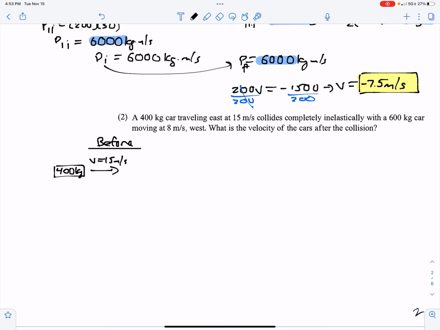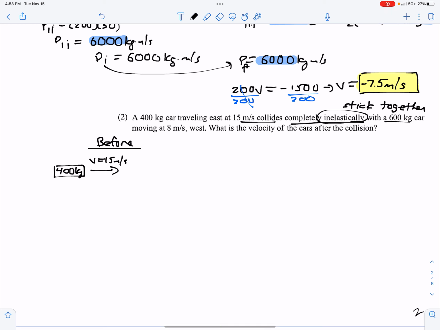And it collides completely inelastically. Now, when we see this phrase right here, what that basically means is the two masses stick together. That means we have to add their masses after collision. More on that in a minute.